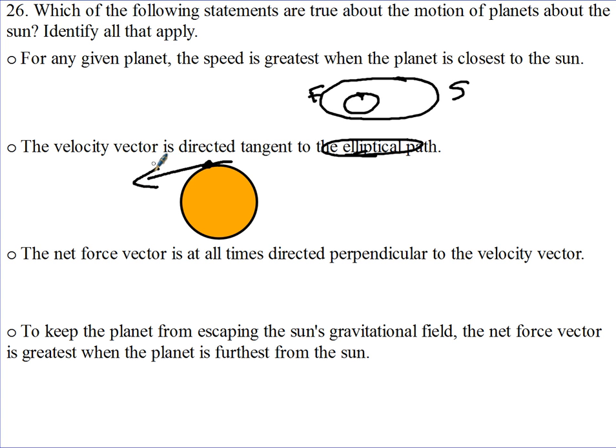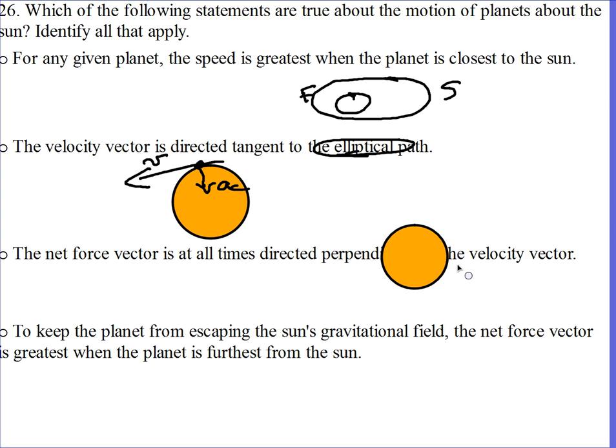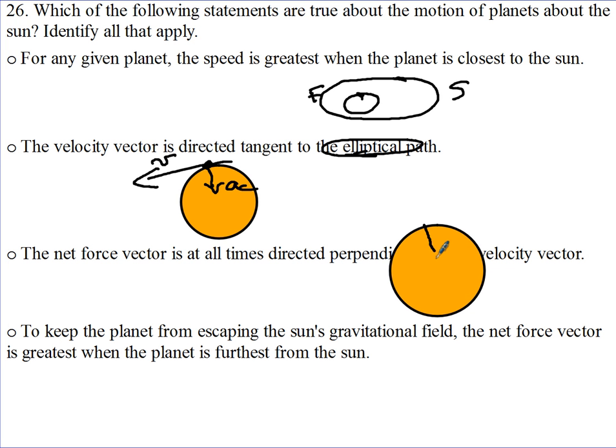Tangent means it's touching at one point, while my acceleration vector and my net force vector are always to the center. The net force vector is at all times perpendicular to the velocity vector, because the net force vector is to the center. That's centripetal force, and the velocity vector is always tangent, and so those are always perpendicular.